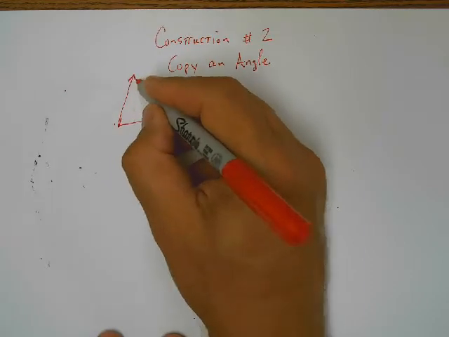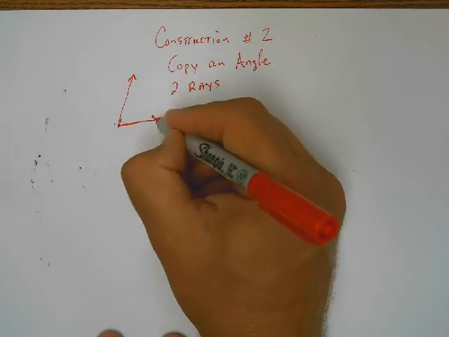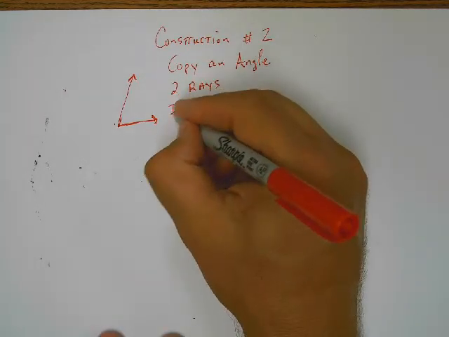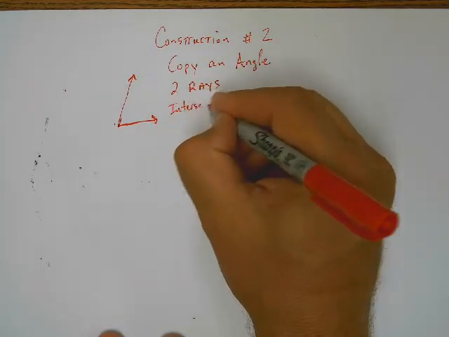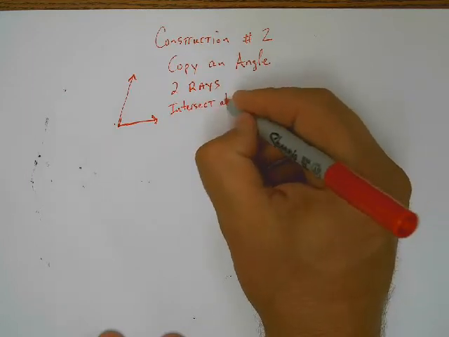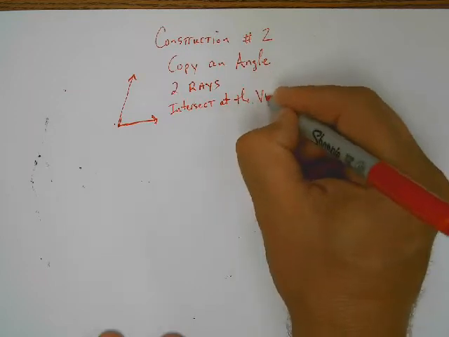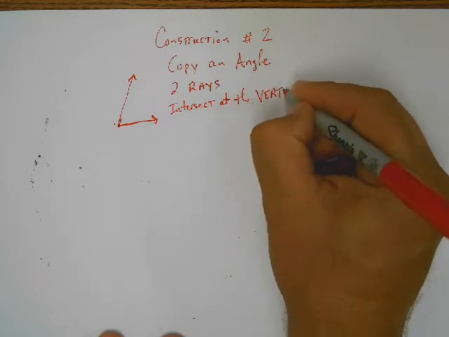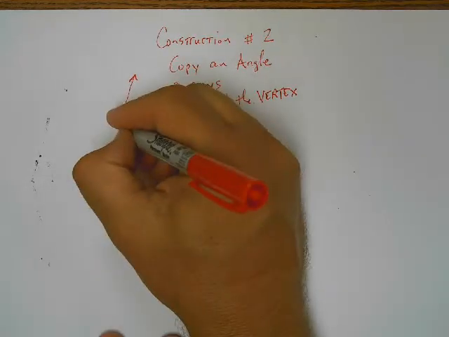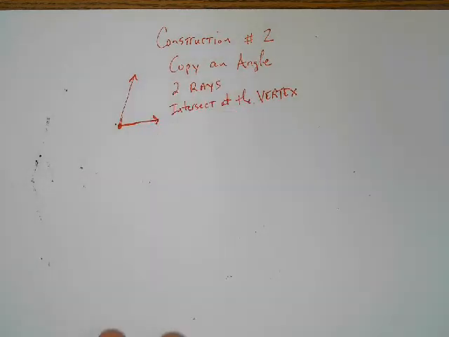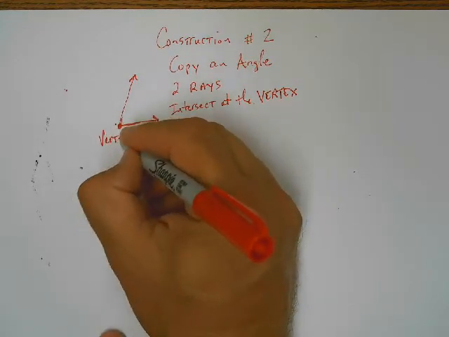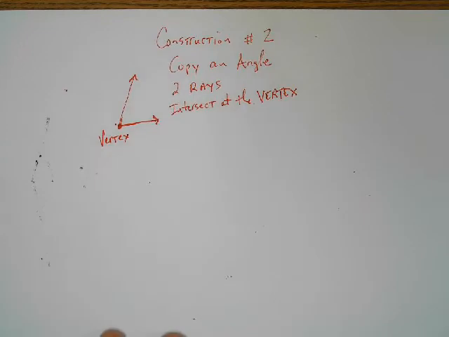There's a ray going that way, and there's a ray going that way. 2 rays, and they intersect at a unique spot. We call it the vertex. So this point right here where the 2 rays' endpoints are coinciding, that is called the vertex.